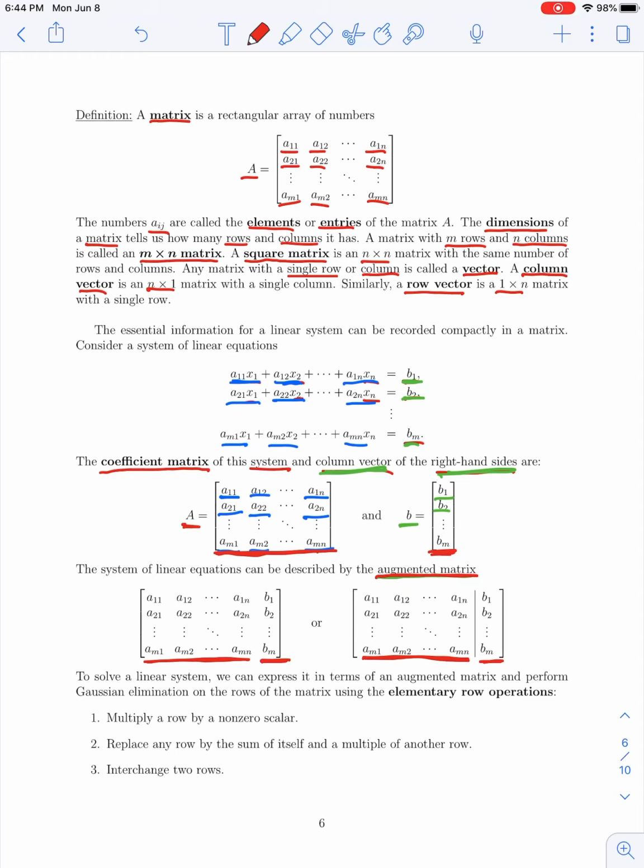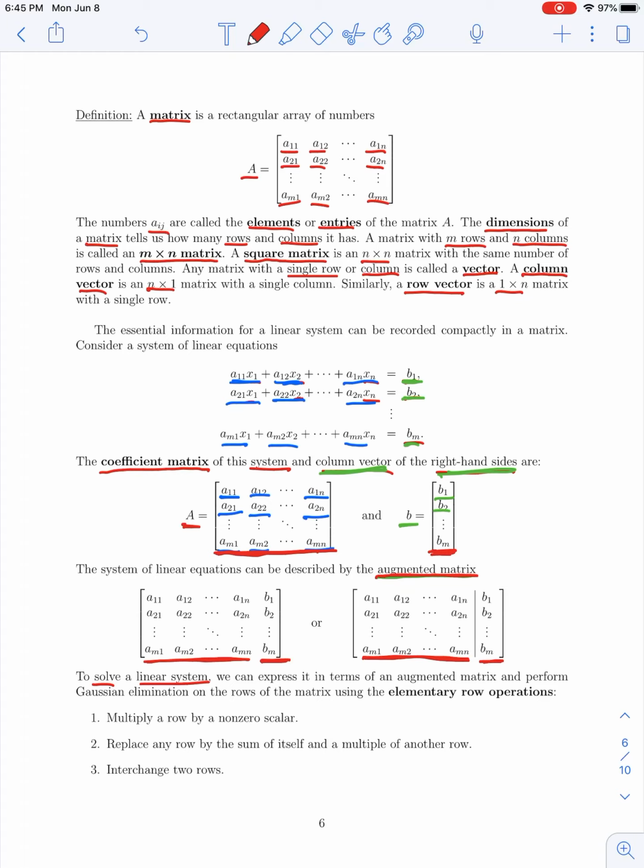So now that we've introduced this terminology for matrices and defined a coefficient matrix for a system and seen that we can express a system in terms of an augmented matrix, let's think about how we can solve linear systems by making use of these matrices. In order to solve a linear system, we saw in the last part of our lecture that we could perform Gaussian elimination on the equations in our system to get an equivalent system that's a little simpler.